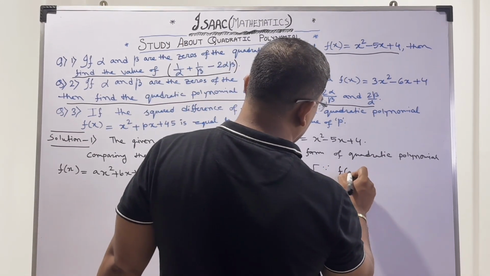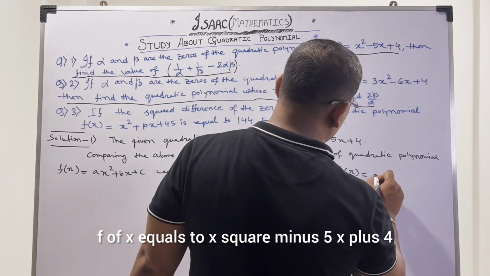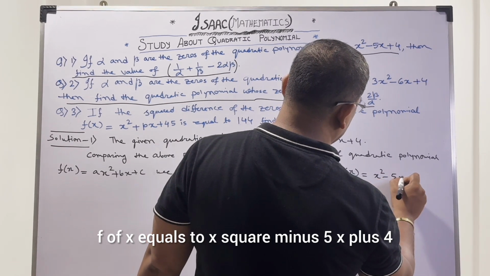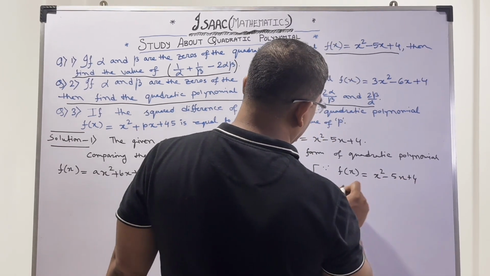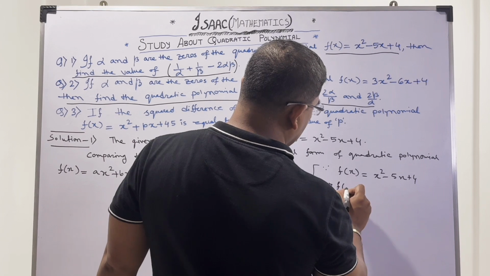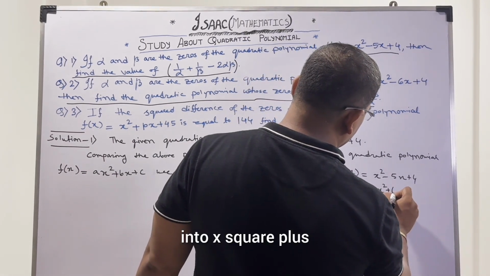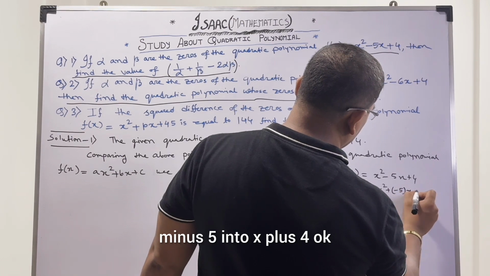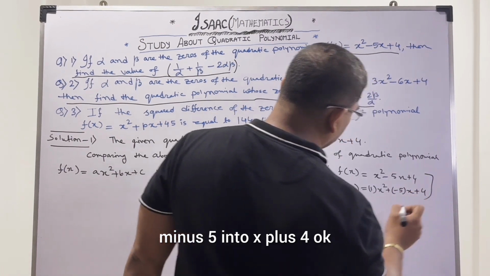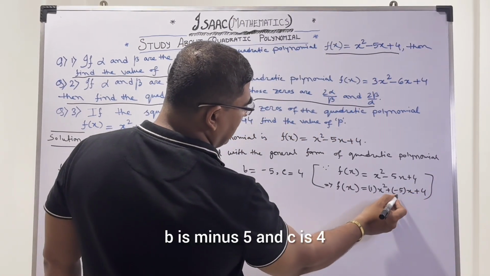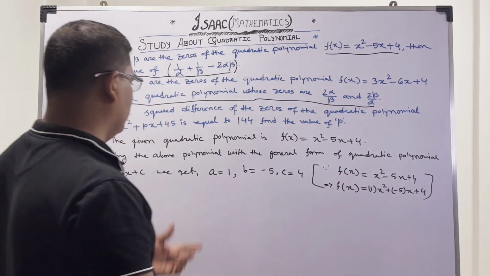Since f of x equals x square minus 5x plus 4 implies f of x equals 1 into x square plus minus 5 into x plus 4. Okay. So a is equal to 1, b is minus 5 and c is 4.